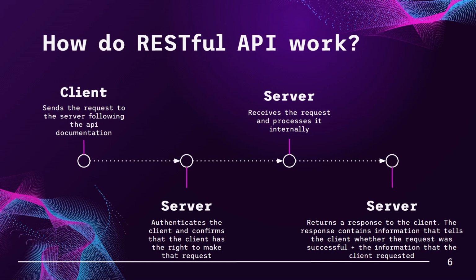The server returns a response to the client, and the response contains information that tells the client whether the request was successful. One more thing about the response is that it also includes any information that the client requested. The REST API request and response details vary slightly depending on how the API developers designed the API.